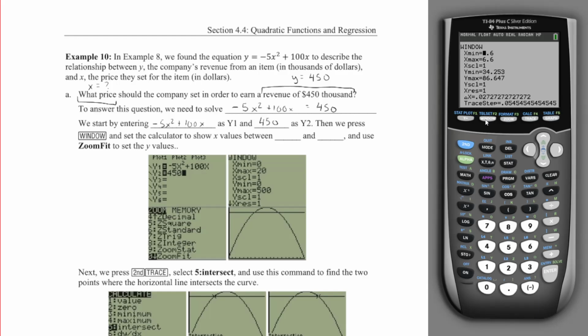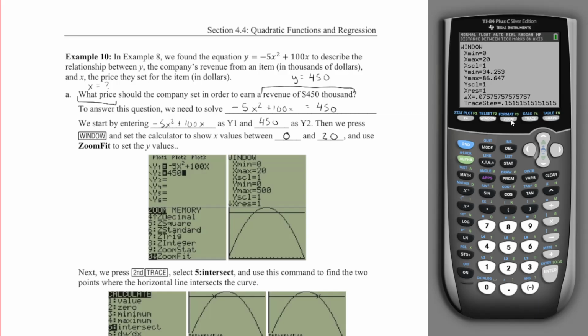Then we'll press window. And I'm going to guess that x values between 0 and 20 will work. So I'm going to enter 0 for my x min, 20 for my x max, and I'm going to leave the rest of these numbers alone.